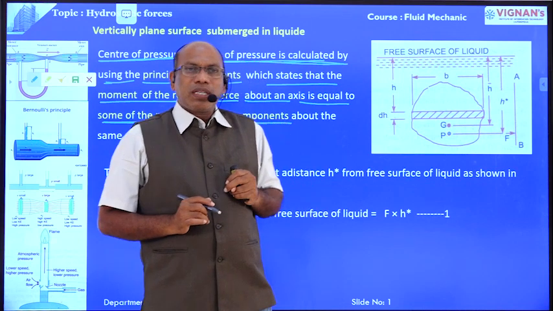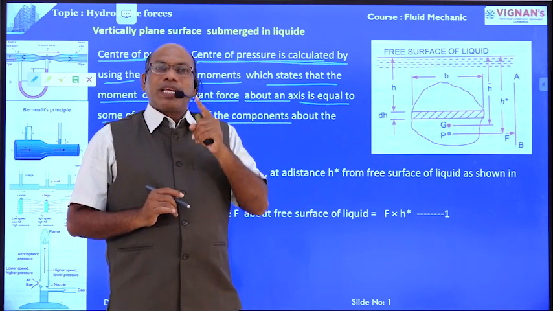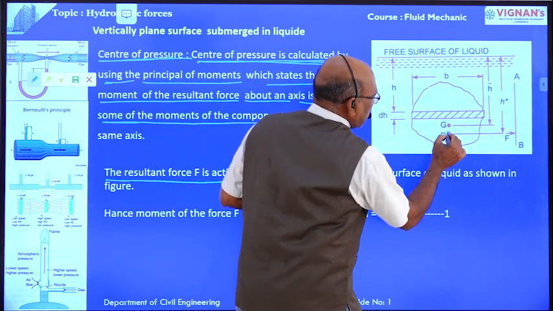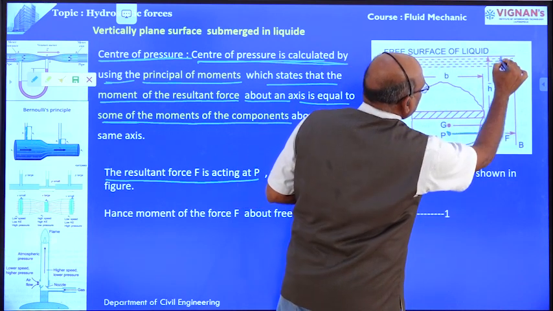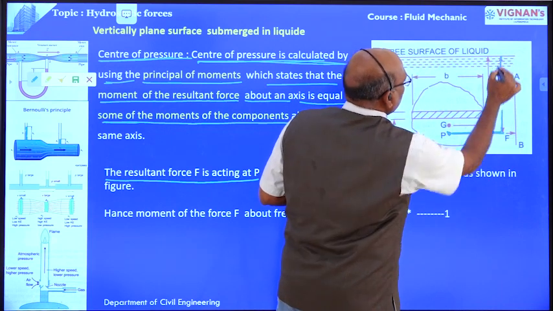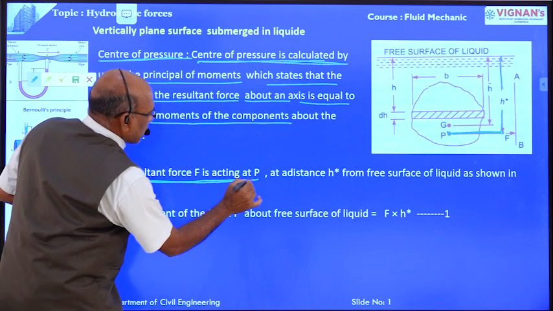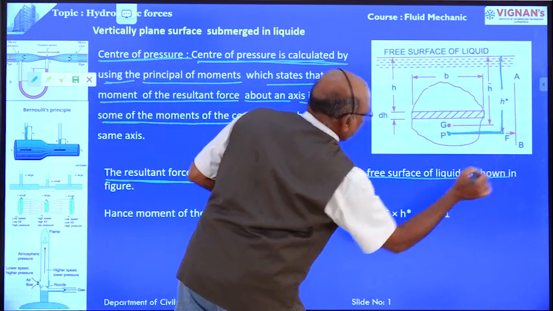What is the definition of center of pressure? The point of application of total pressure is known as the center of pressure. Now the total force is acting at point P. Therefore, this is the distance: H star is the distance between the center of pressure and the free surface. The resultant force F is acting at P at a distance H star from the free surface of liquid.